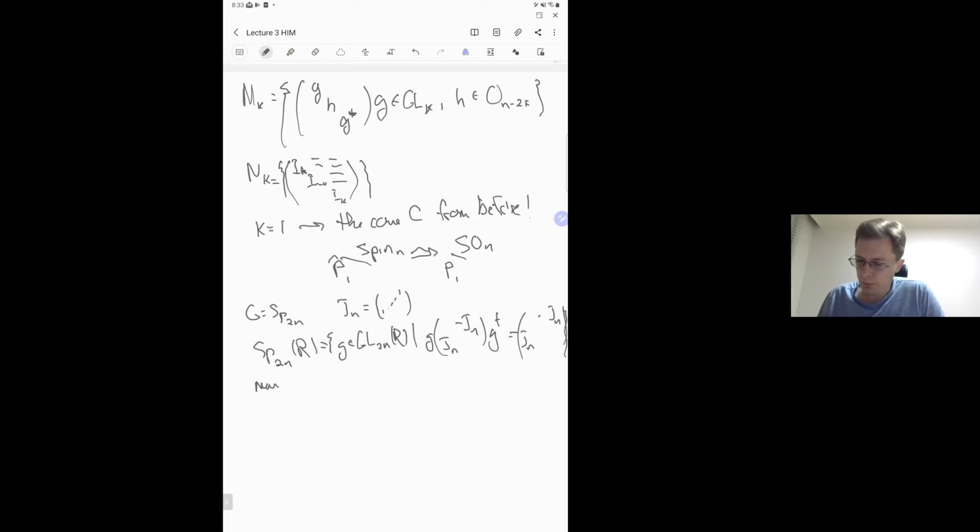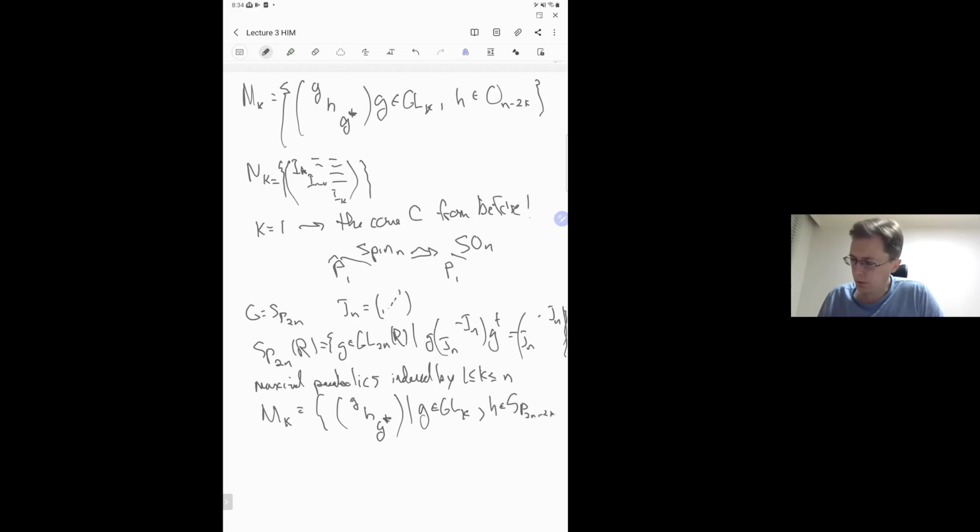Then again, the maximal parabolics are indexed by 1 less than or equal to k less than or equal to n. And my mk is g h g star, where g is in GL K and h is in SP2N minus 2K.